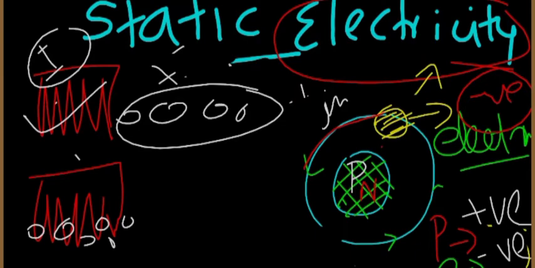When you rub, or when you bring two materials or two objects in contact with each other, there is a chance of flow of charges, especially electrons, from one object to another object. That determines the charge of that body.